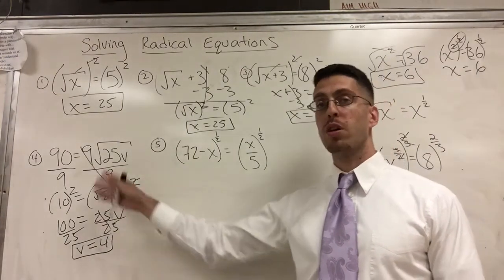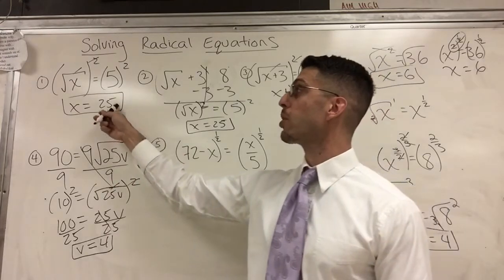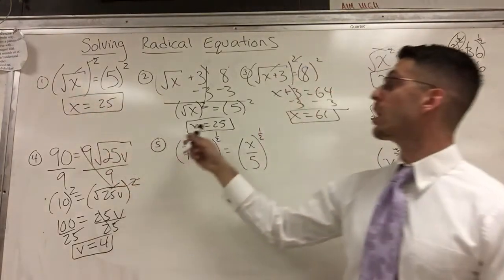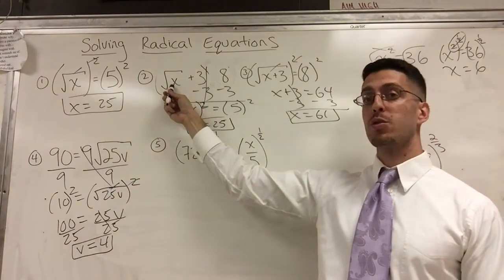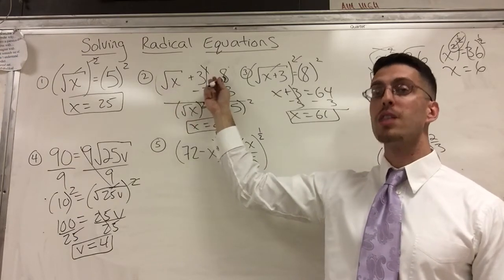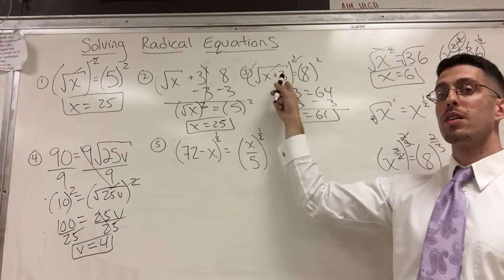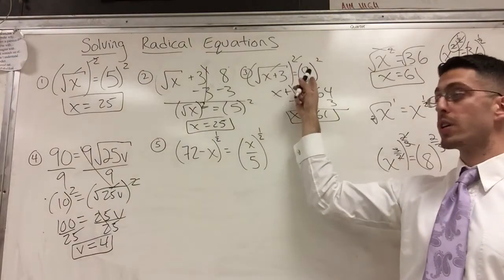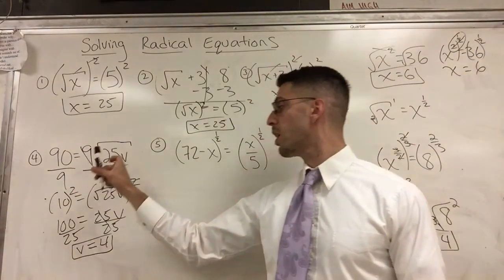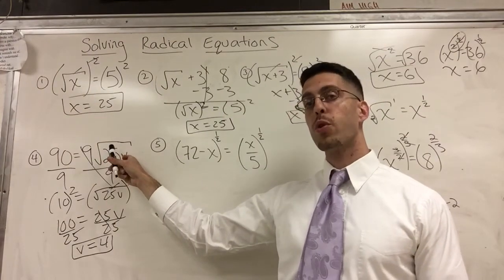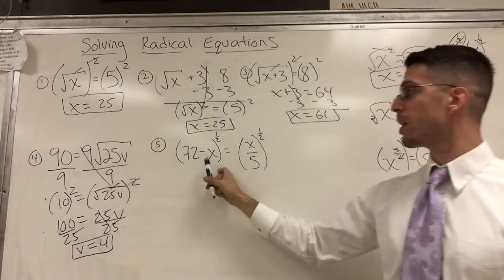Sometimes you get an answer, you plug it in, and it doesn't work. So here if I plug in 25, I get square root of 25, which is 5. 5 plus 3 is 8, so that works. Here, 61 plus 3 is 64. Square root of 64 is 8, so that works. Here, plug in 4, see if it works. I believe it does.